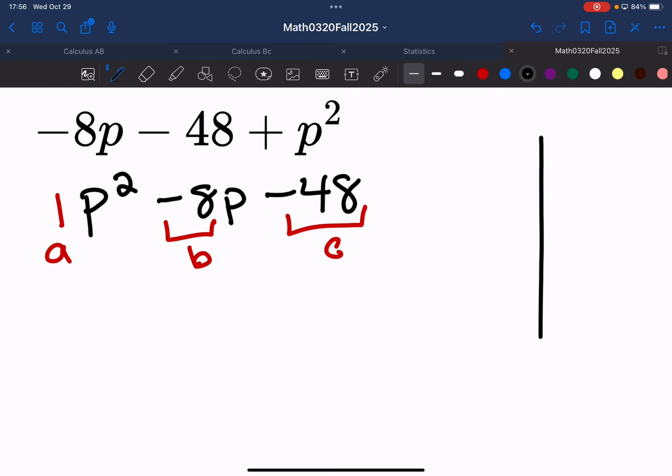And then off to the side, I need to make sure I have two numbers that multiply to what number? Negative 48, but add to negative 8. Remember, don't forget about that sign. Okay?